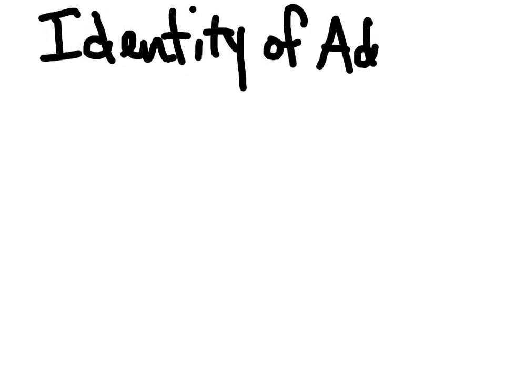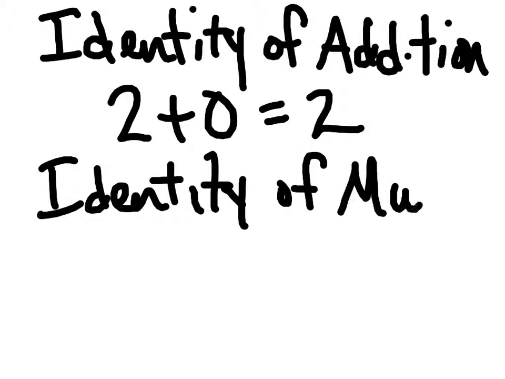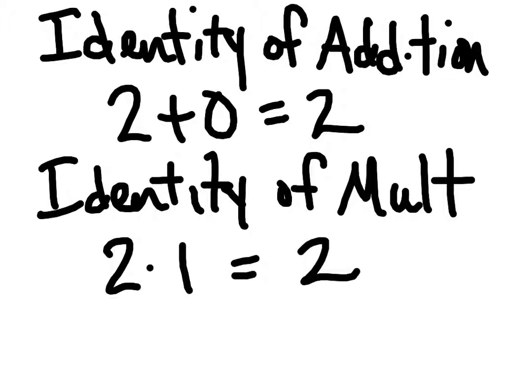The identity property of addition means that I can add 0 to anything, and I'm always going to get itself. So 2 plus 0 is going to equal 2. The identity property of multiplication states that I can multiply anything by 1. So 2 times 1 equals 2.